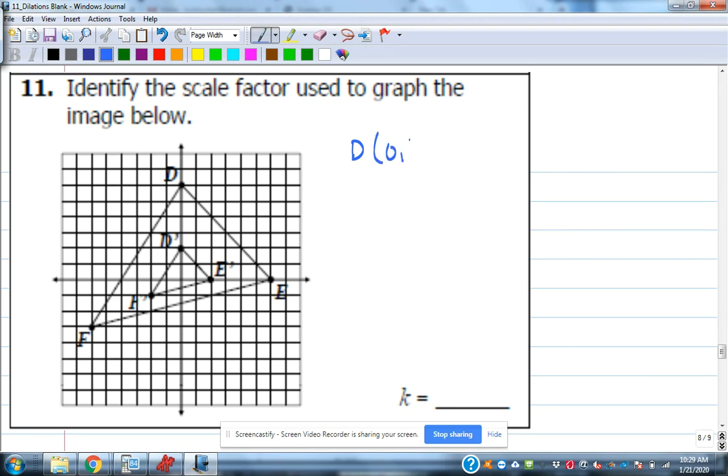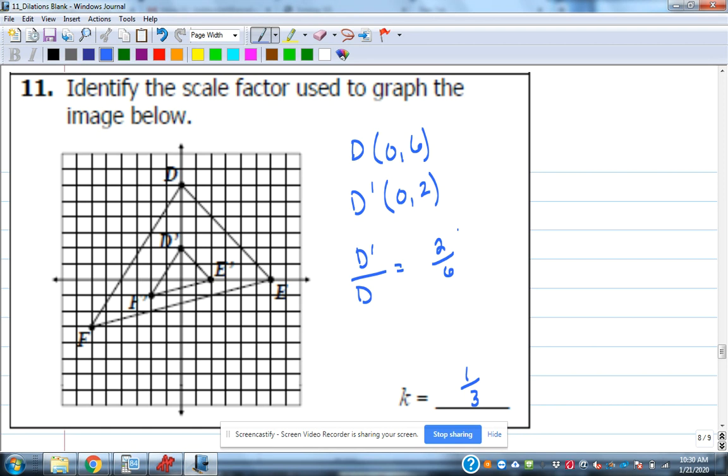D is at 0, 6, and D prime is at 0, 2, and the scale factor would be 1/3. And again, you're taking the coordinates from D prime over D. And the zeros don't really help us, but the 2 over 6 is where that's coming from, 1/3.